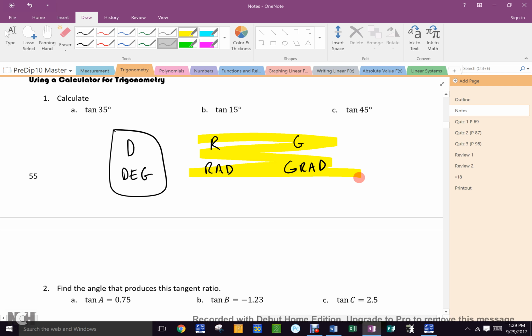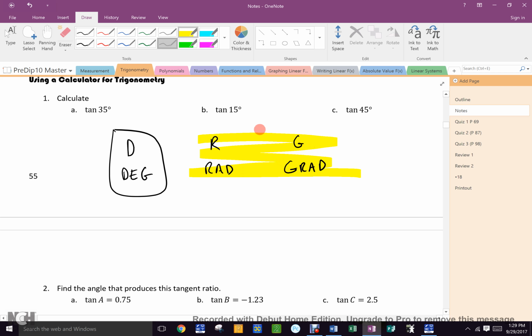What if you have neither? On the screen of your calculator. Look on your screen. If your screen shows an R, a G, a rad, or a grad, put your hand up. Okay.